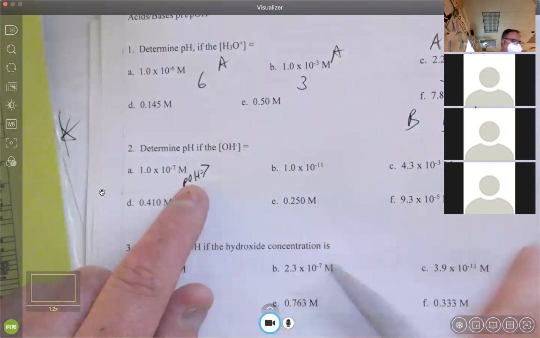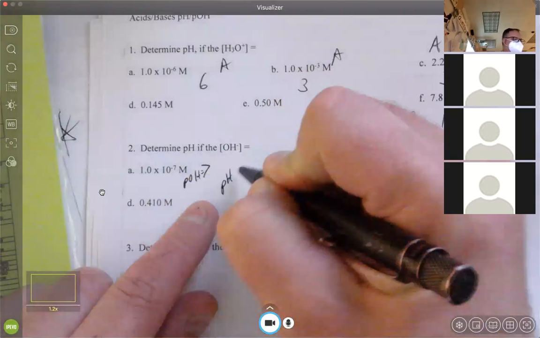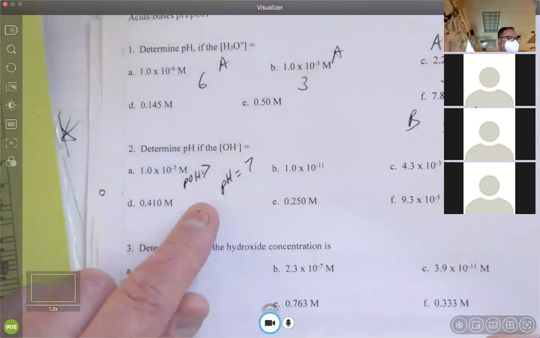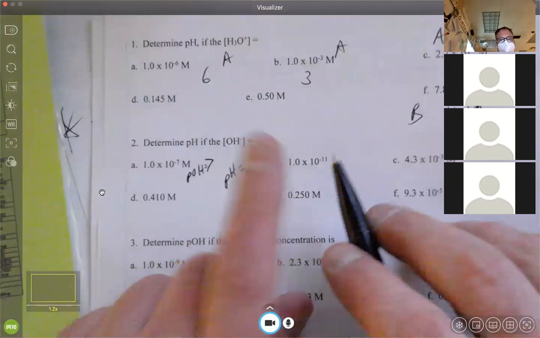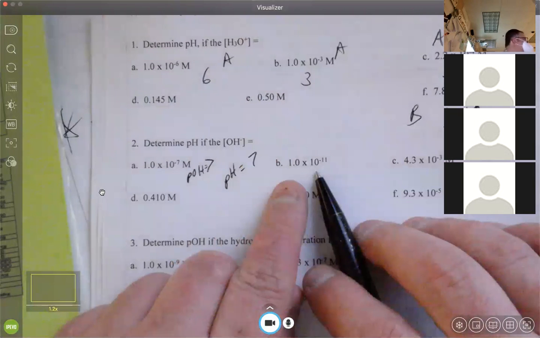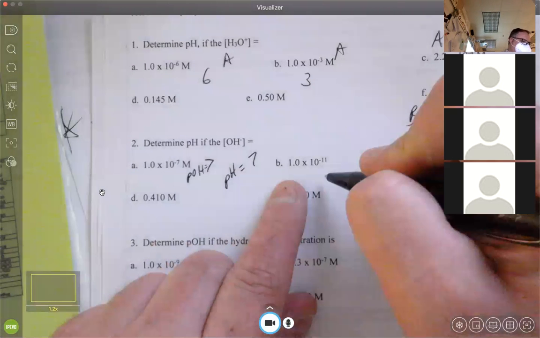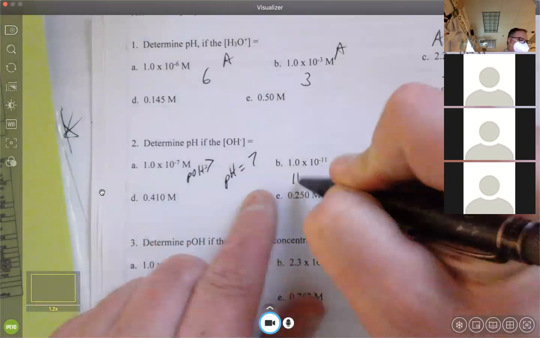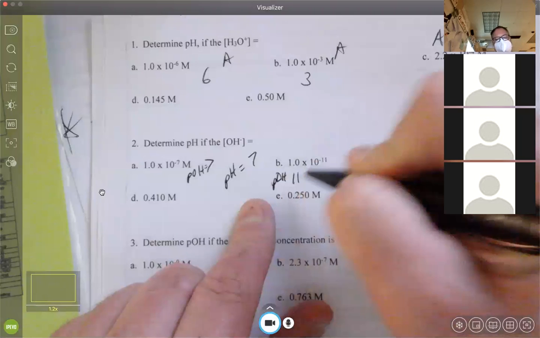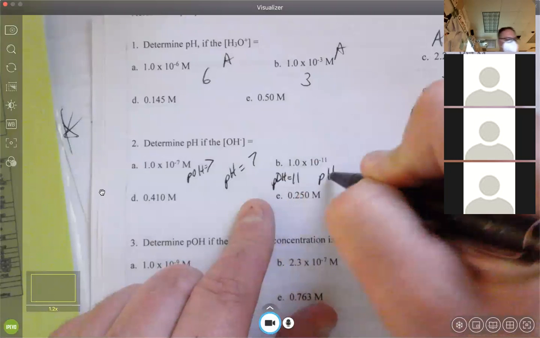Acid or base? Neutral. What is the pOH of this? 11. So the pH equals 3. Acid or base? Acid.